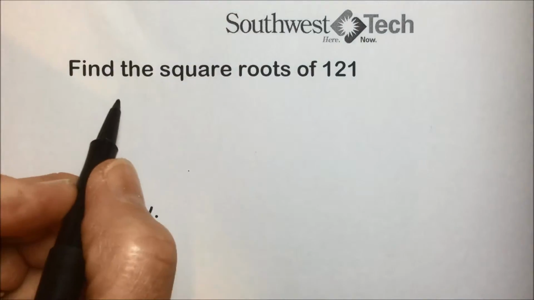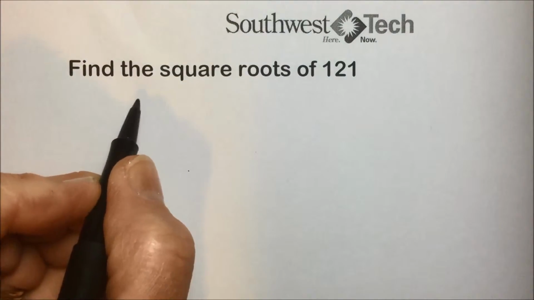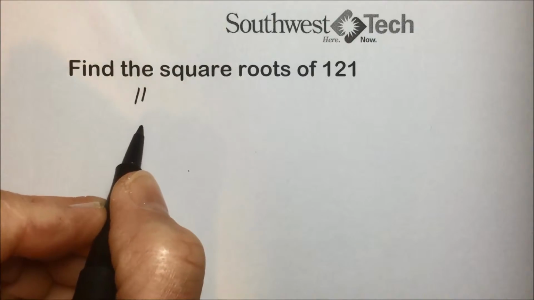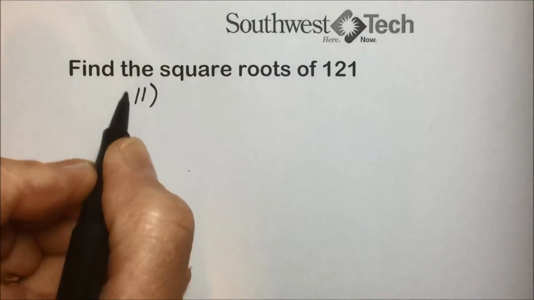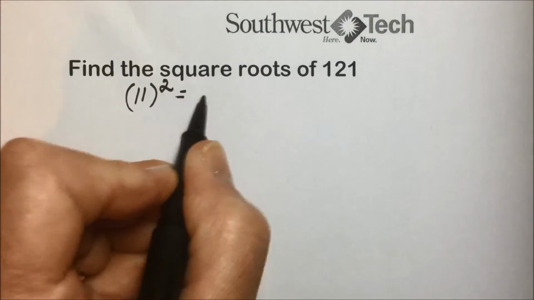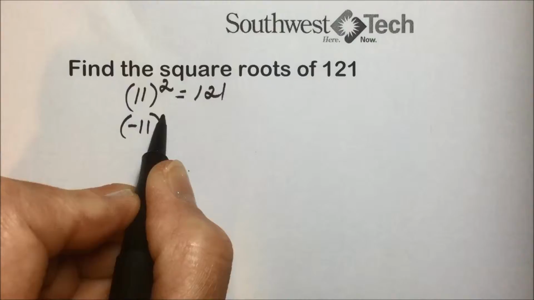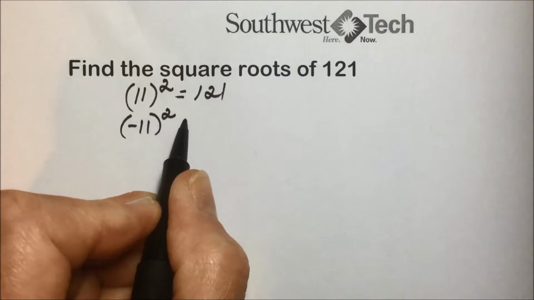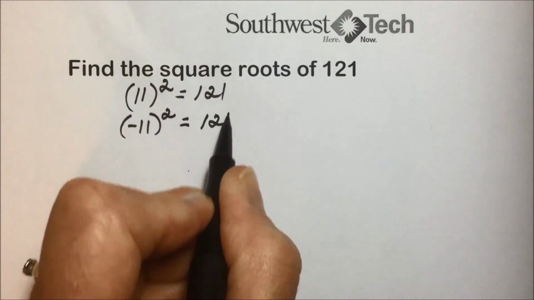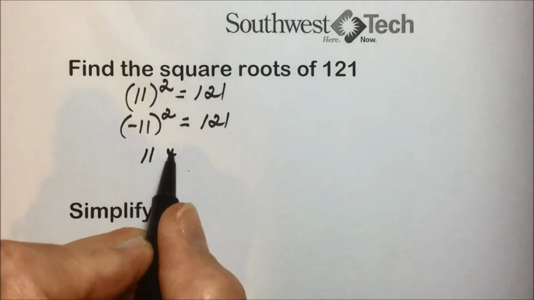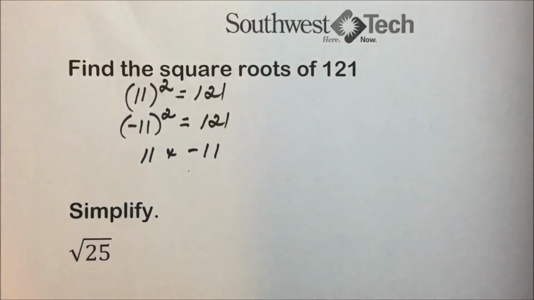And if we check, we find that not only 11 times itself gives us 121, because 11 squared equals 121, but also negative 11 times itself, in other words squared, is equal to 121. So the square roots of 121 are 11 and negative 11.